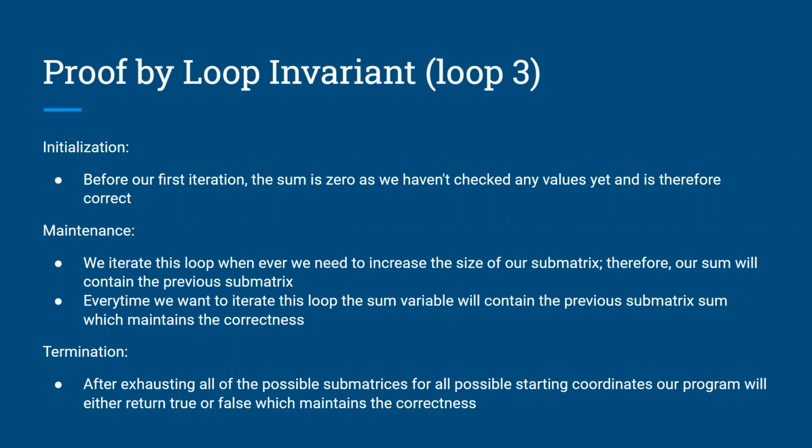And every time we go to iterate this loop, the sum variable will contain the previous submatrix sum, and this would be correct at this point. After exhausting all of the possible submatrices for all of the possible starting coordinates of our program, it'll either return true or false, and this is maintaining our correctness as well.